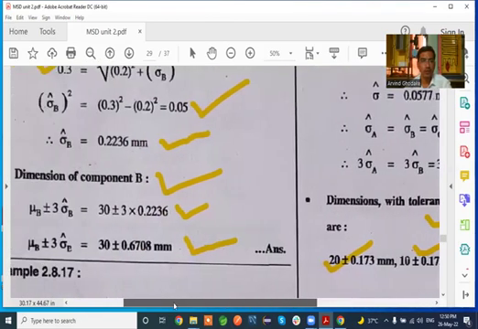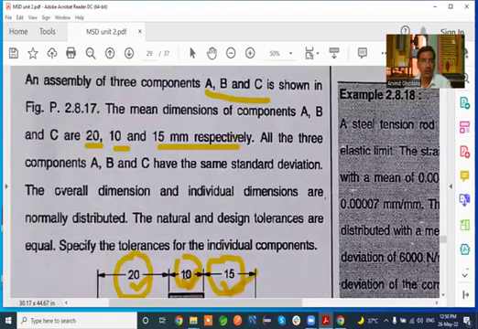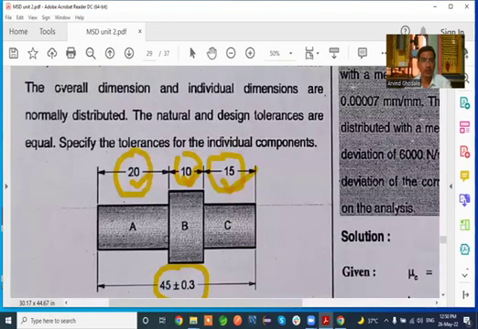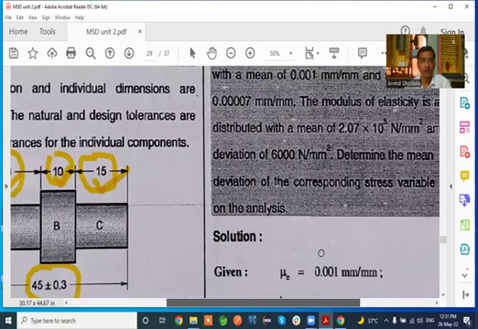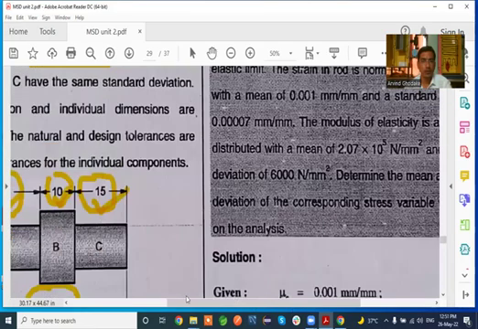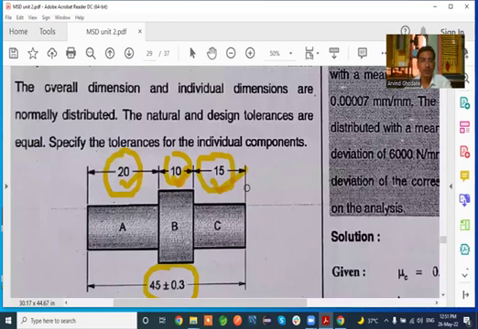So in this way, we can find out the tolerances for each component for the given length. So here it will be 20 plus minus 0.173, here 10 plus minus 0.173, and for the last one, 15 plus minus 0.173. So this is the distribution or specification of the tolerances for the individual component as per the given problem statement.